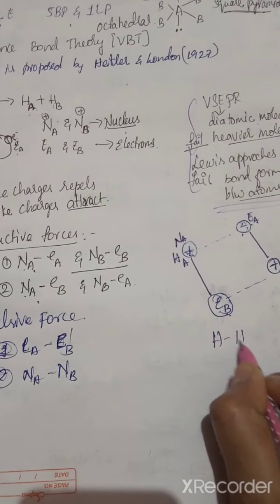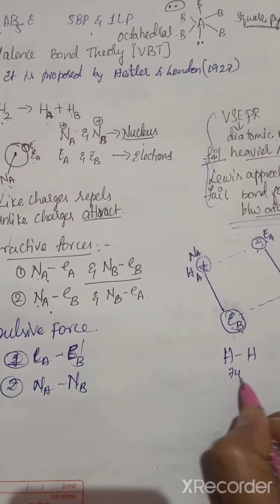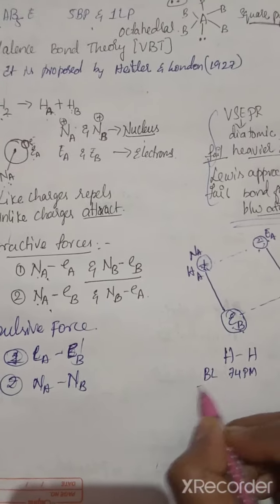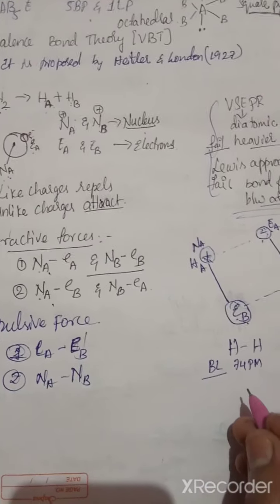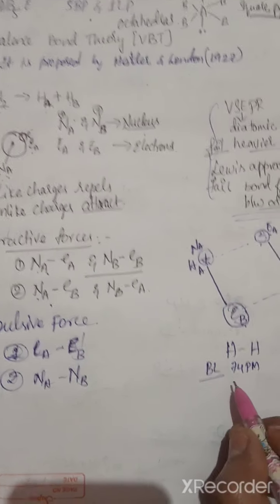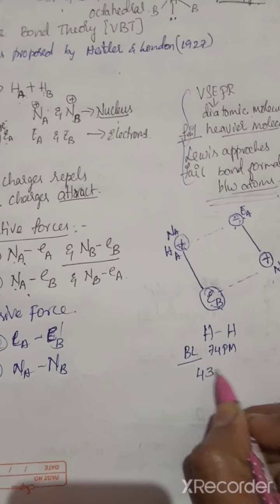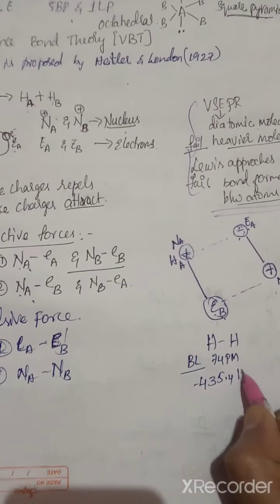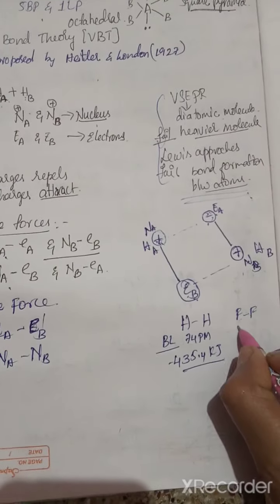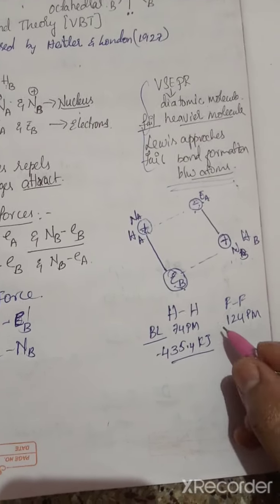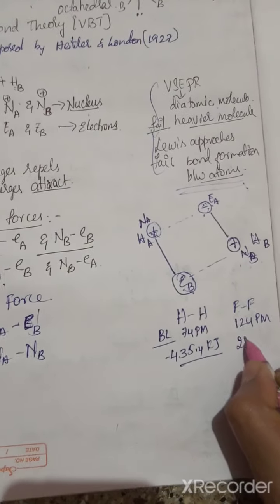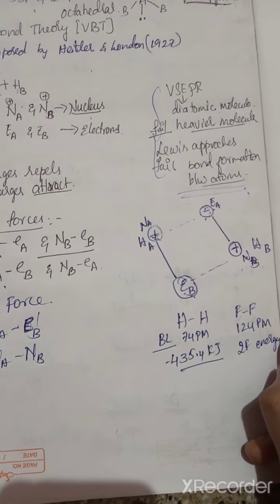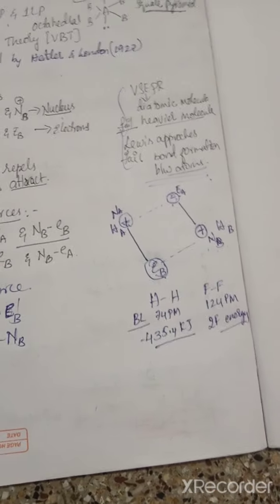For hydrogen, the bond length is 74 picometer and the bond dissociation enthalpy is 435.4 kilojoule. Fluorine also has a single bond, with bond length 124 picometer, and needs much less energy to break. Is it clear?